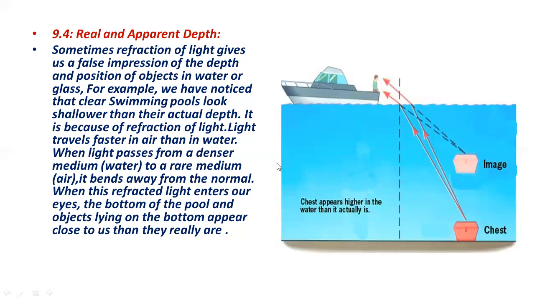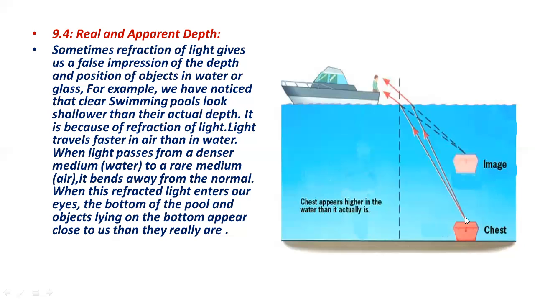So why can we see the image like this? Suppose a chest is in water. The chest looks shallower in water, although it is present deep under the sea. The reason, or the phenomenon, is again refraction.